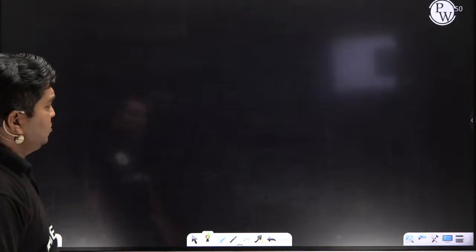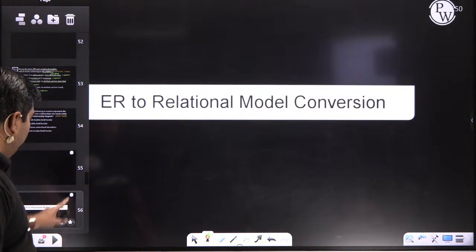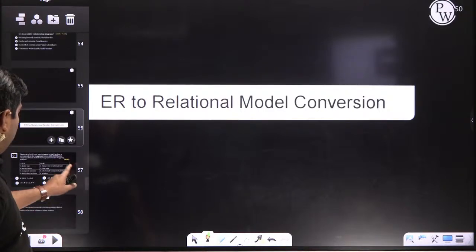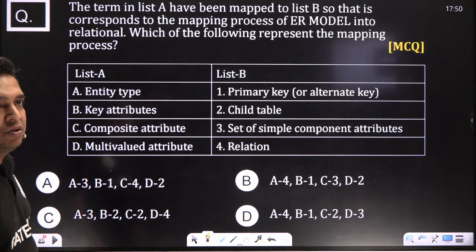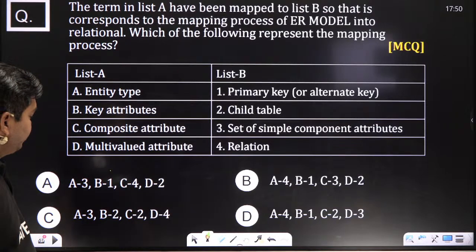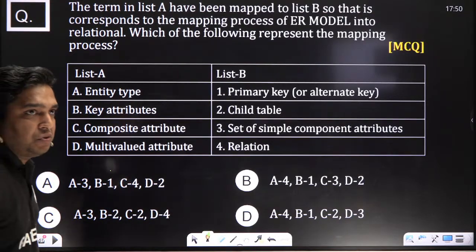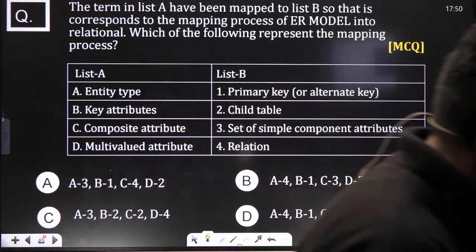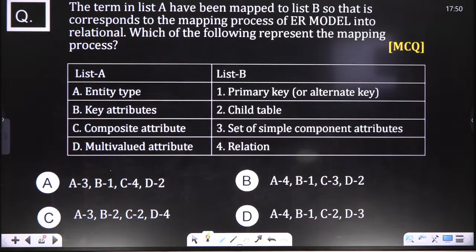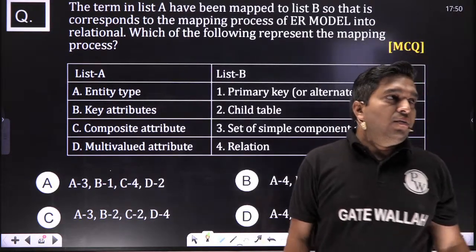These are the questions. This was also very easy, we have already covered it. ER to RDBMS conversion. Please give the answer to this question. Everyone, what is the answer for this question?